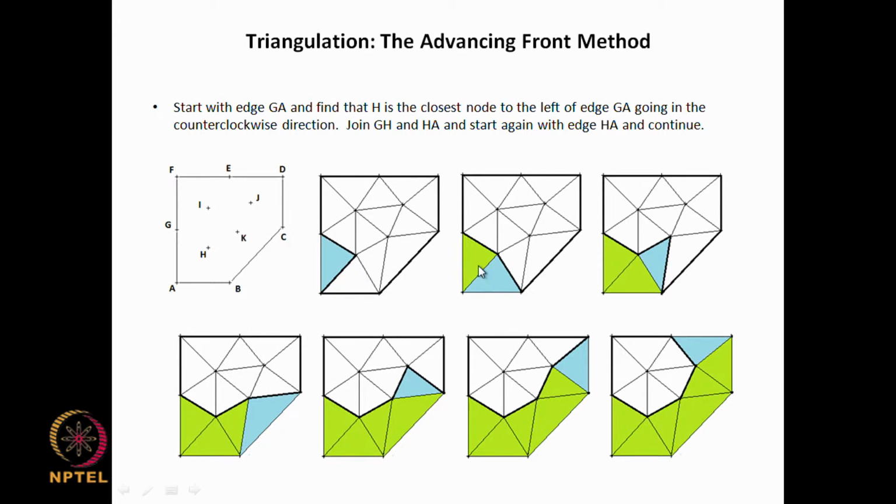new triangle. So, the new triangle that is created at each stage is shown in blue color here, and the already created triangles are shown in green color here, and the advancing front is always shown in dark black line here. Okay. So, now we are at this point.